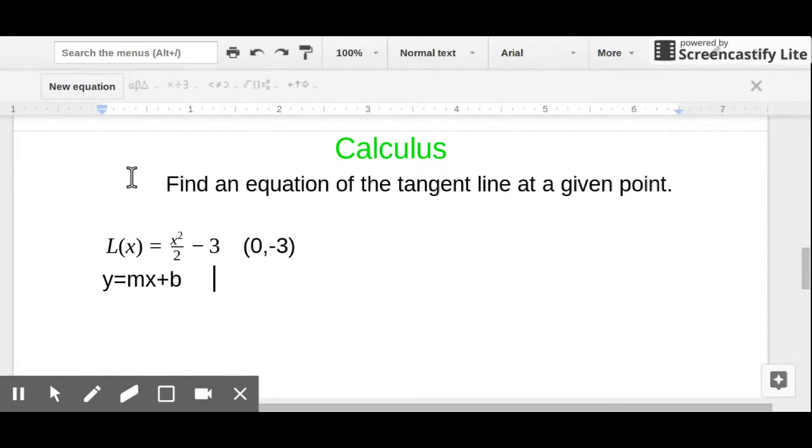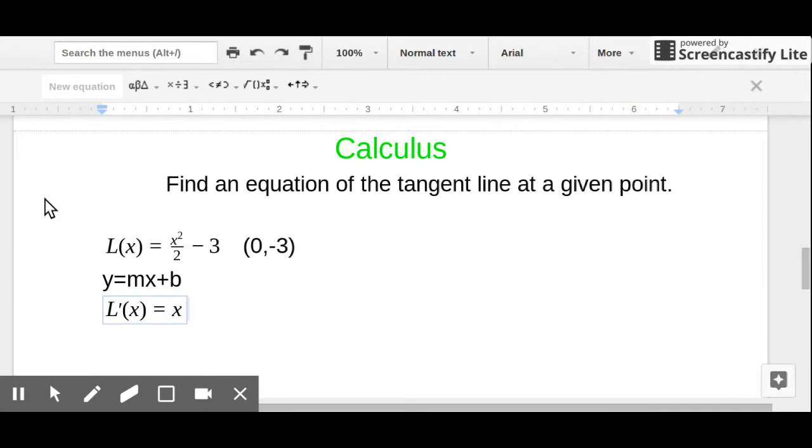So we have both our y and our x, but what we need to find is our m and our b. Remember, finding your m, that's the slope. To find the slope, we need to find the derivative L prime of x, and I'm going to let you figure this out on your own. You're being tested here. I look at it and go, oh, that's just x.